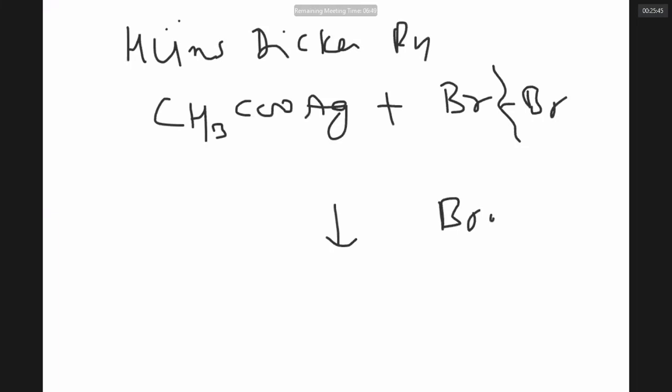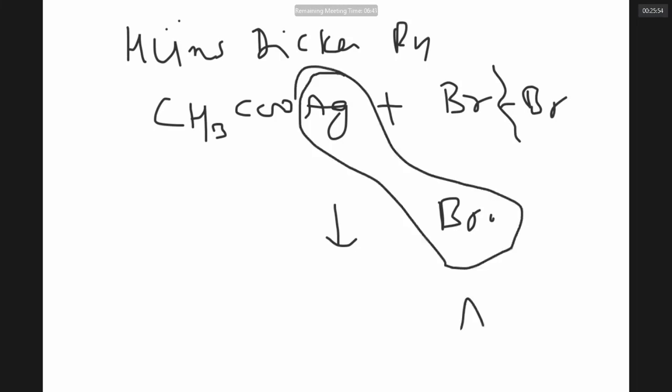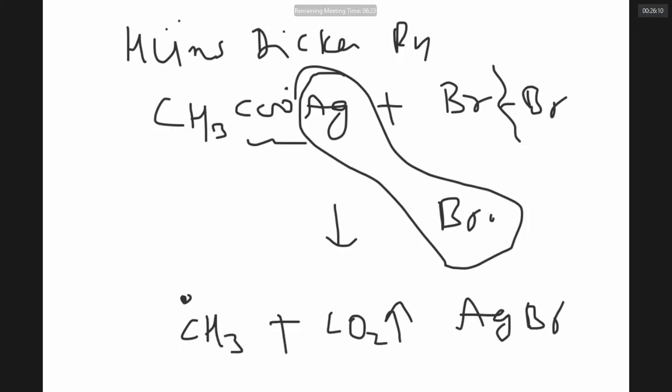That Br atom will take the silver atom and get precipitated as AgBr. Notice, you are getting COO with one electron and a shortage of a bond. Urgently, this part will break down to give carbon dioxide, and at the end CH3 will have an unpaired electron. Now the CH3 having one unpaired electron is called a free radical.